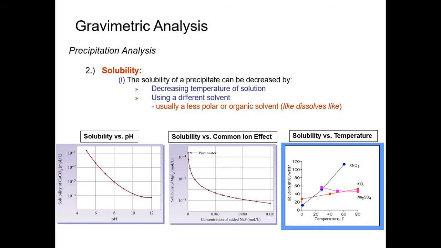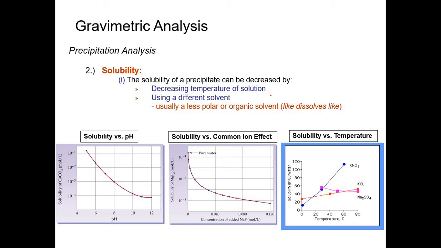So let's go to the solubility. So we have to improve the solubility of the precipitate, right? So the solubility of a precipitate must be decreased, because we want something that's not soluble. It should be very insoluble, right? So it should not be soluble. So we need to decrease the solubility of the precipitate.